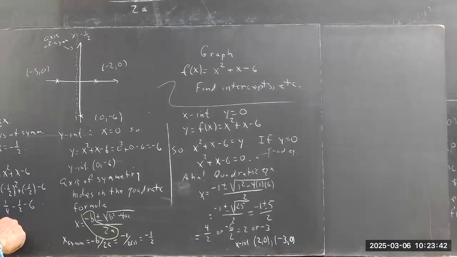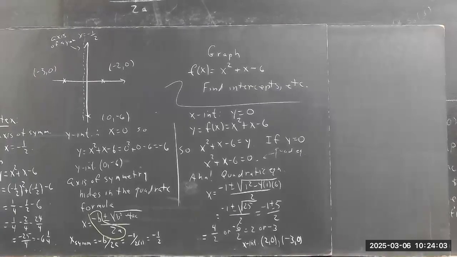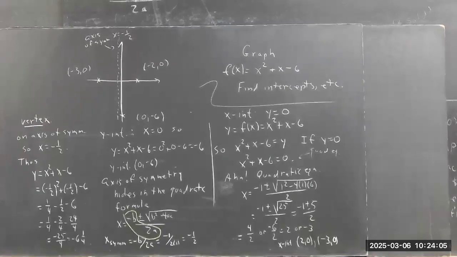And now we can write it as 1/4 minus 2/4 minus 24/4. And that's going to equal negative 25/4, which is negative 6 1/4.